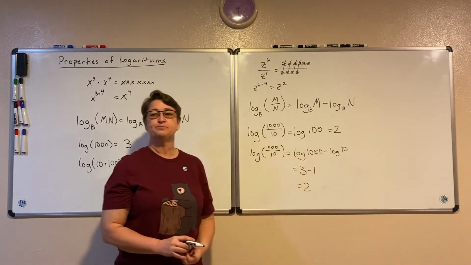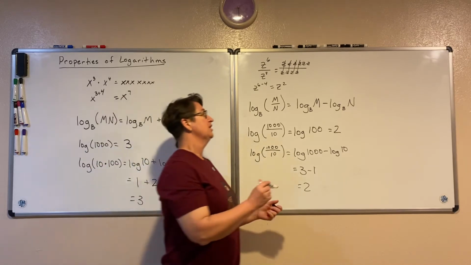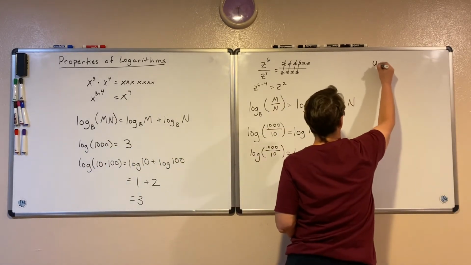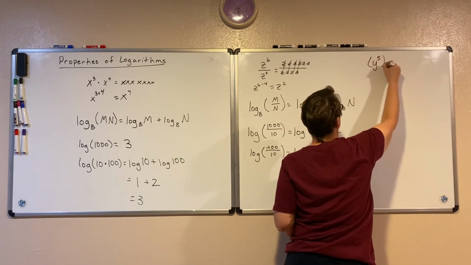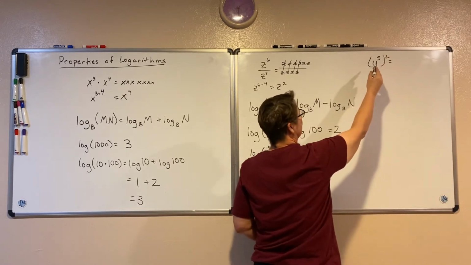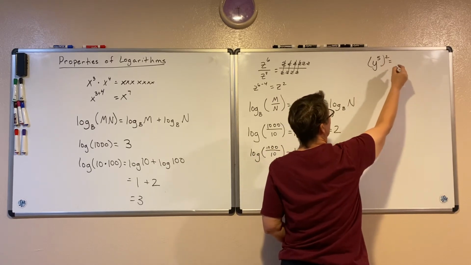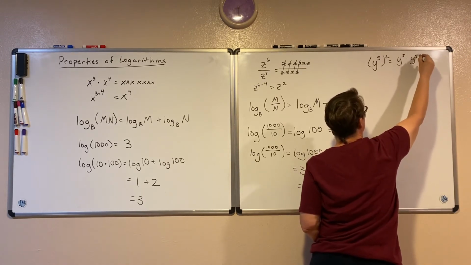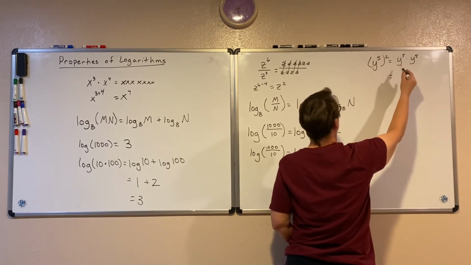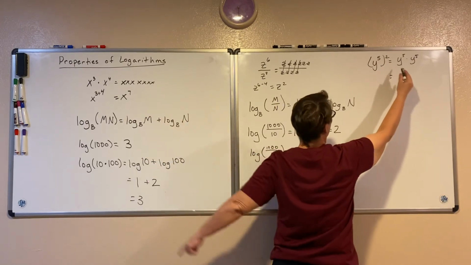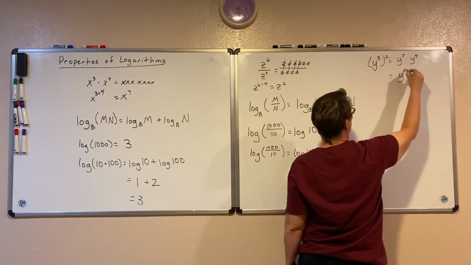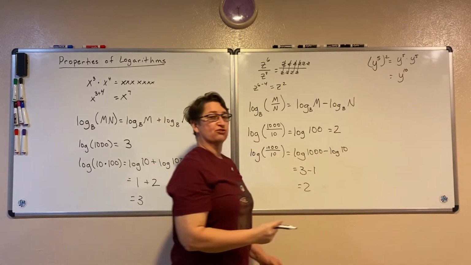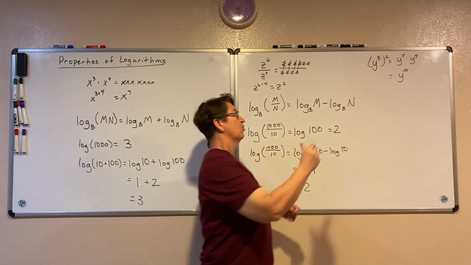And then the last one that we're going to look at is the power rule. So remember with exponents that when I have something raised to a power, so that's y to the 5th, squared, so that I really end up with, back to that rule where I'm adding them, 10 of them. Or you can just think of it as my exponents multiplying.